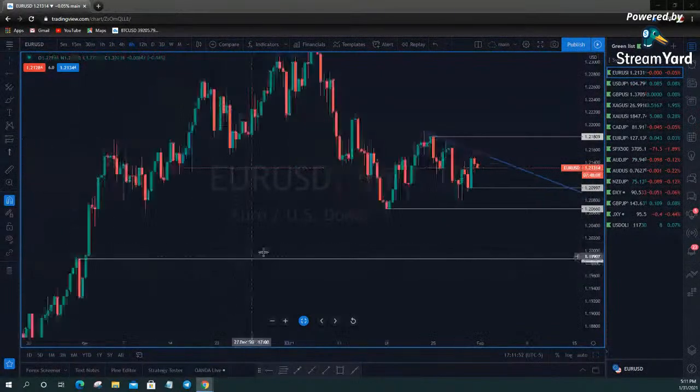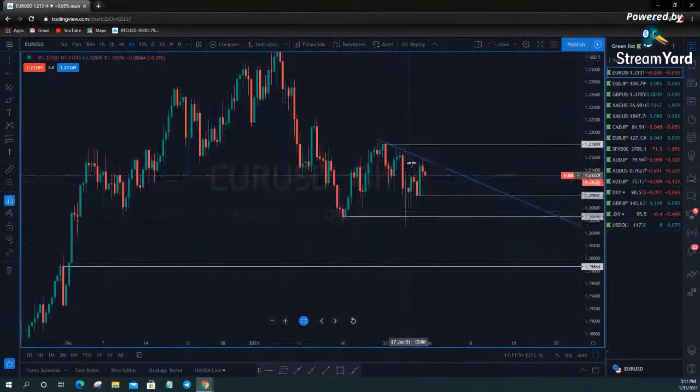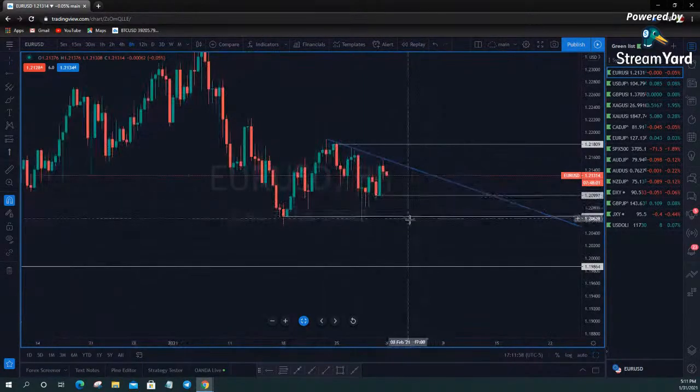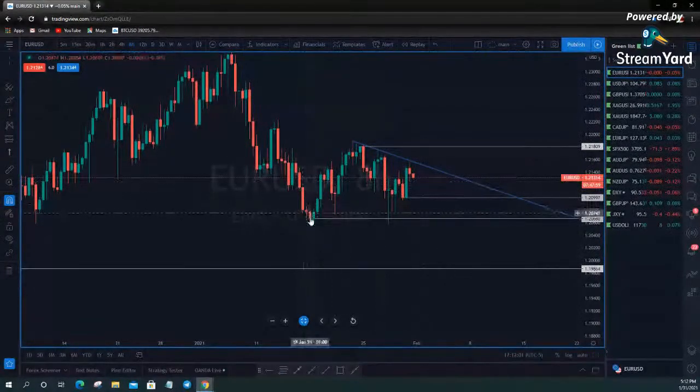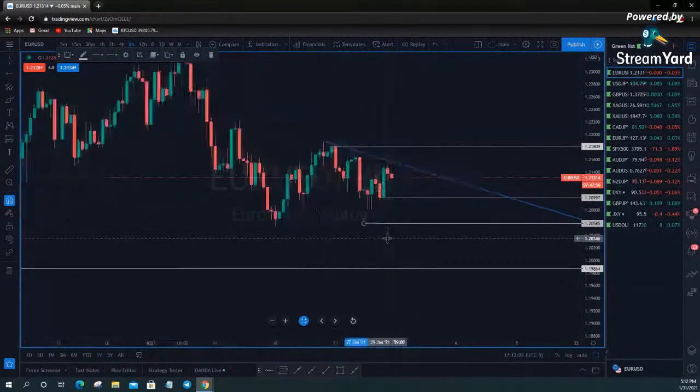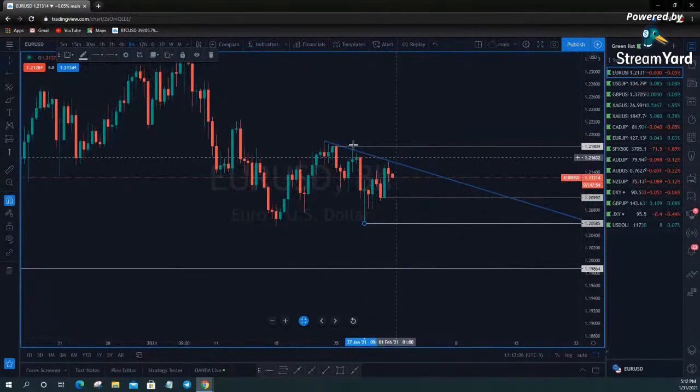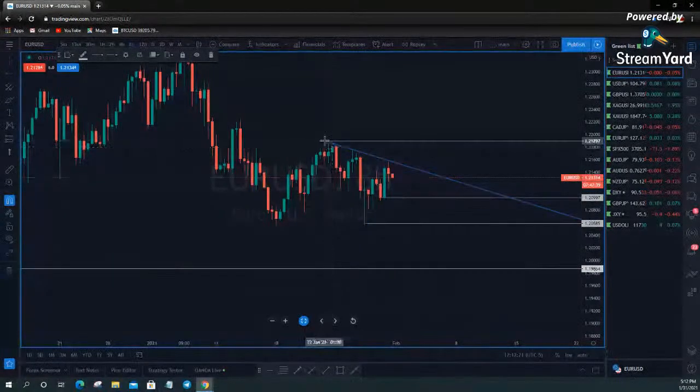Let's get into this. So moving forward, the euro, we're going to watch to see if we get some weakness. If we do, I will be looking to trade this thing to the short side tomorrow, targeting this wick down here. If we get a break above this narrow trend line here, it's just a very small one from this high to this high, on an 8-hour closing basis and don't immediately reject, I will be looking for support to hold, and I will be targeting this high up here on that wick at 1.21896.